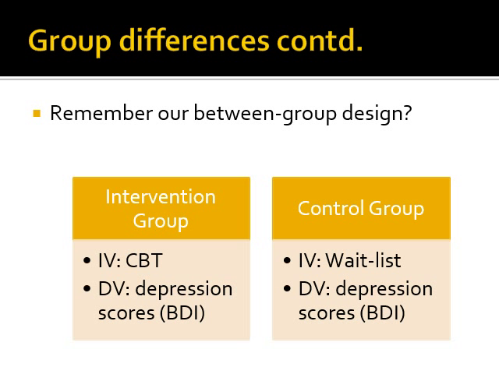So let's look at group differences, kind of going back to our prior example to understand what effect size means. Remember our intervention group and our control group, CBT versus no CBT or waitlist, for depression scores using the Beck Depression Inventory as our dependent variable.